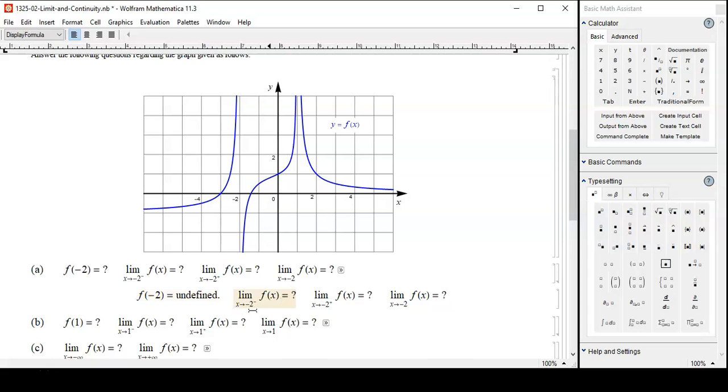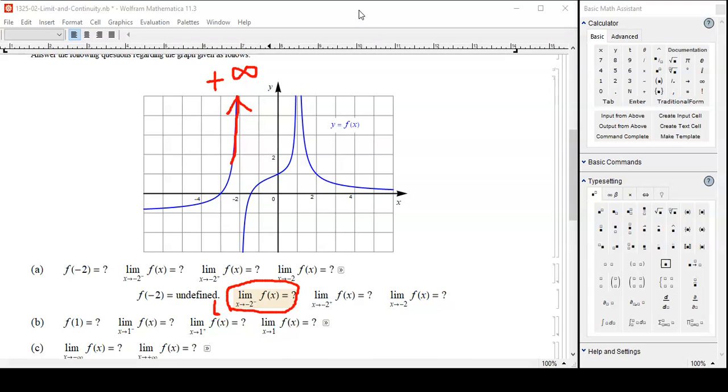Limit x approaches -2 minus, so I have to approach -2 from the minus direction, from the left-hand side. So, right, let's approach from the left-hand side. From the left-hand side, it is going to positive infinity. So that's the left-hand side limit.